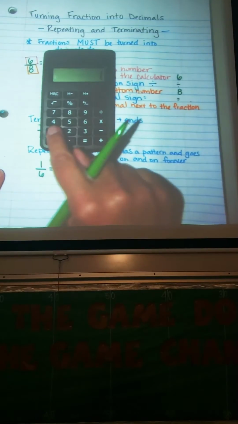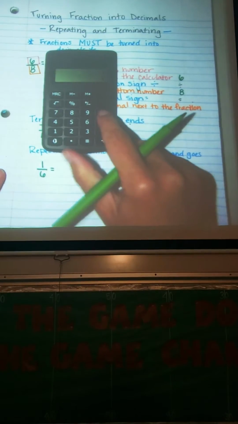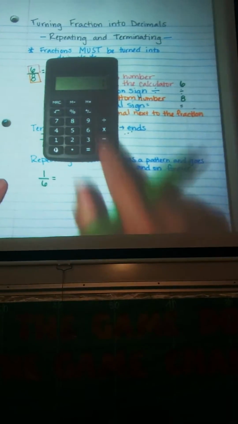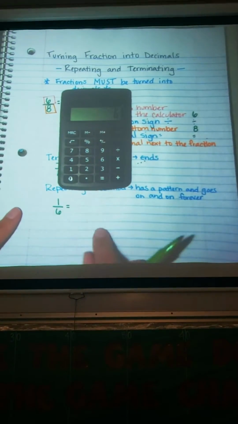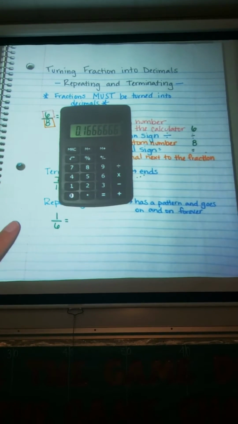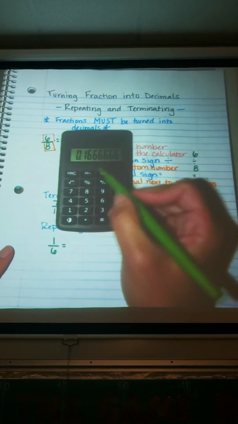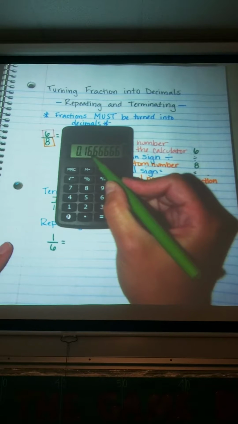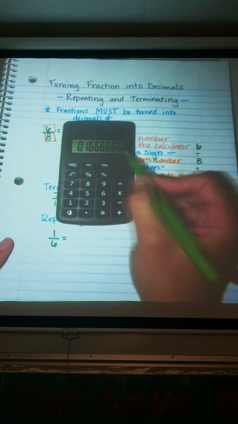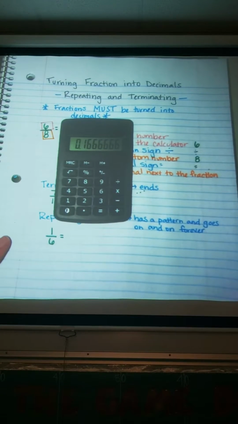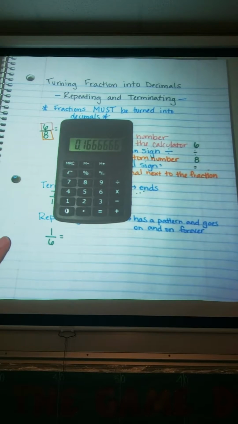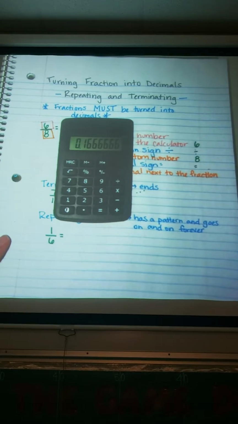So I'm going to enter my 1. I'm going to divide. I'm going to enter the denominator or bottom number, 6. And I'm going to press enter. And so you see the screen is filled up with these 6's. This 6 will go on forever. That is a repeating decimal.